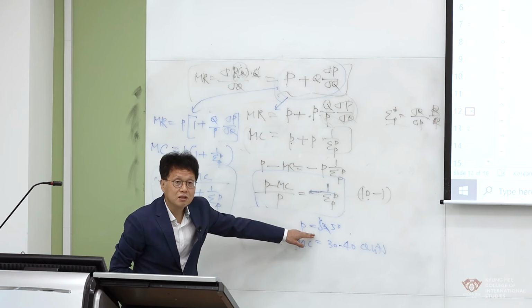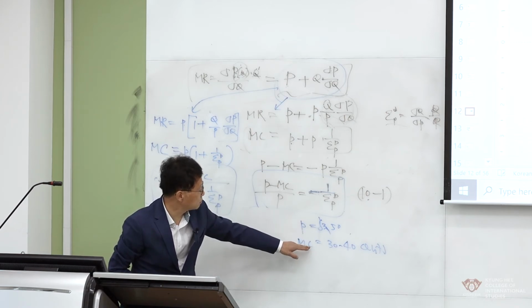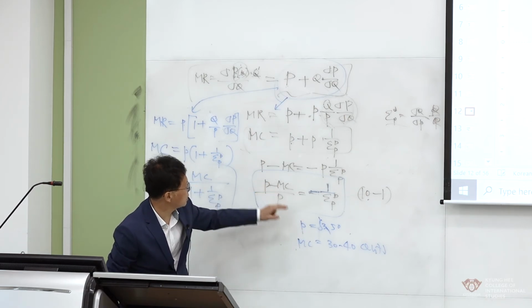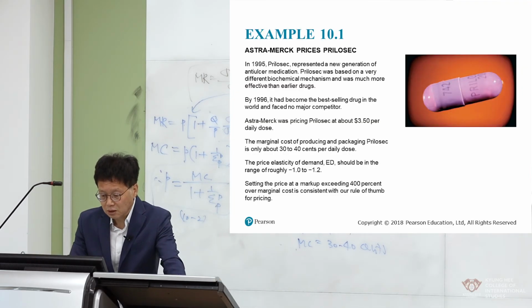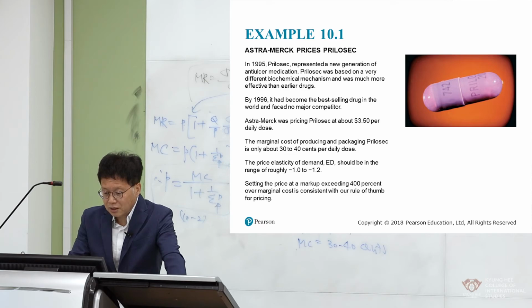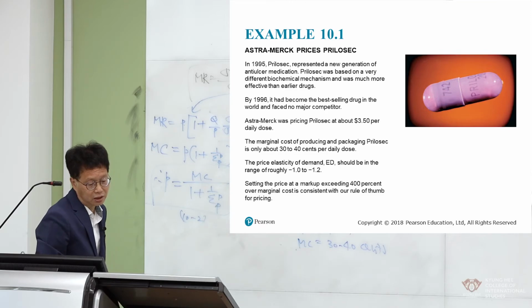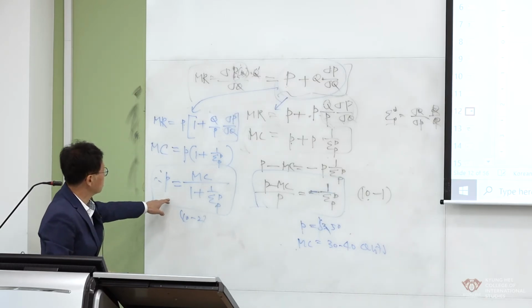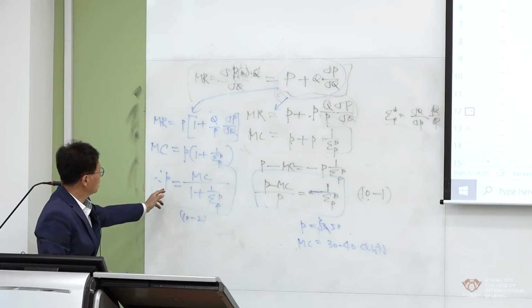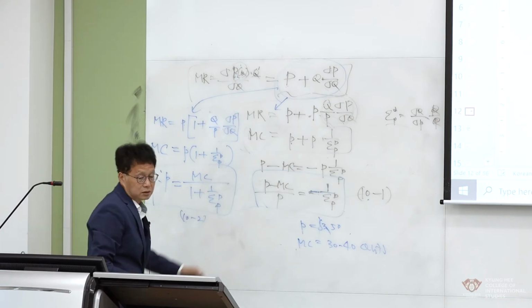The price is really expensive compared with marginal cost. Price minus marginal cost, a large gap. Setting the price at a markup exceeding 400%, I think 900%, over marginal cost is consistent with our rule of thumb for pricing. How? Now think about this one. We use 10.2. Right? Now think about it.